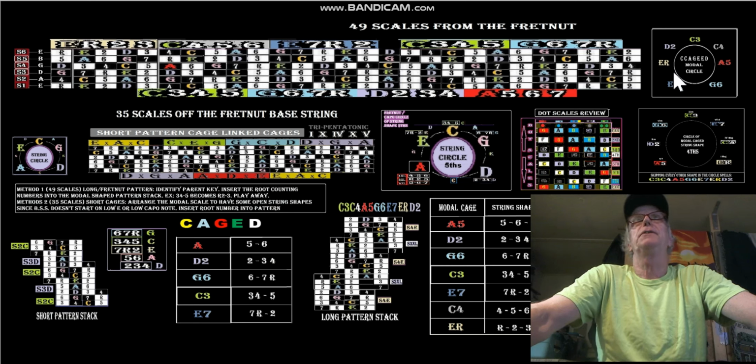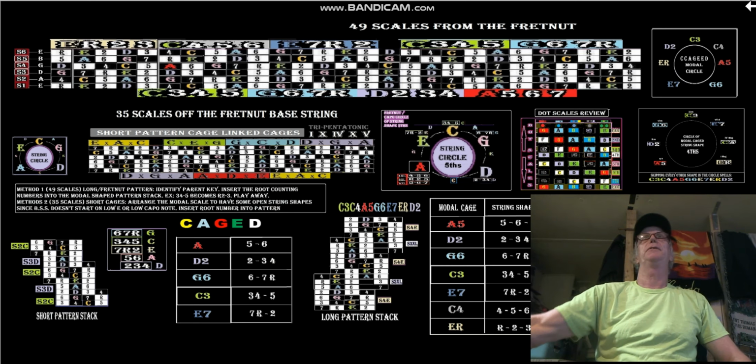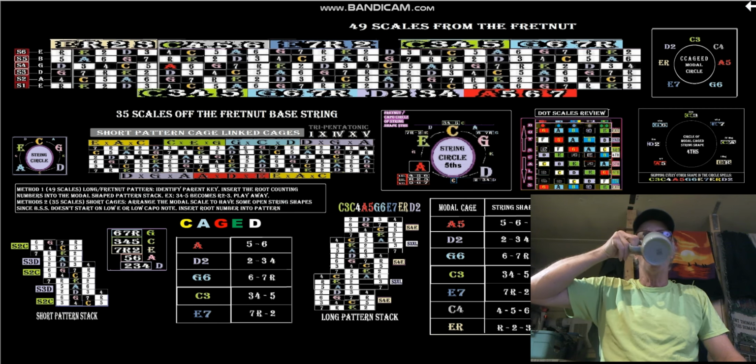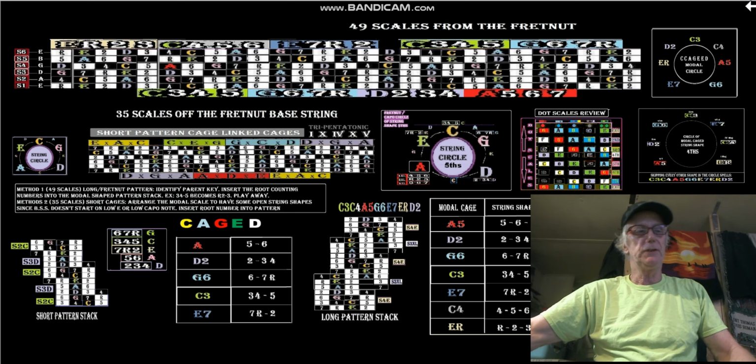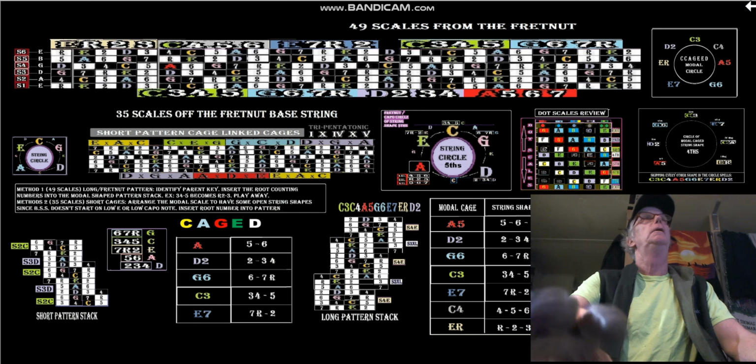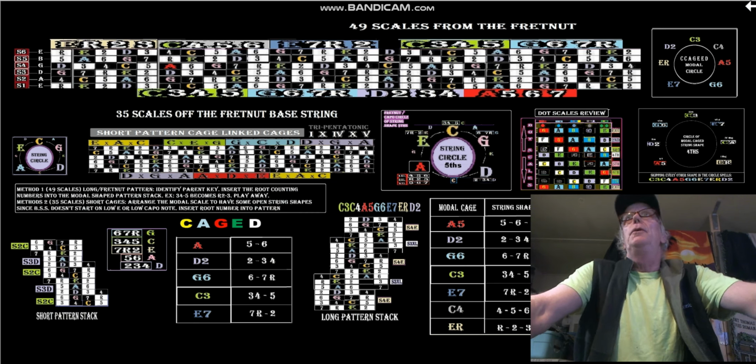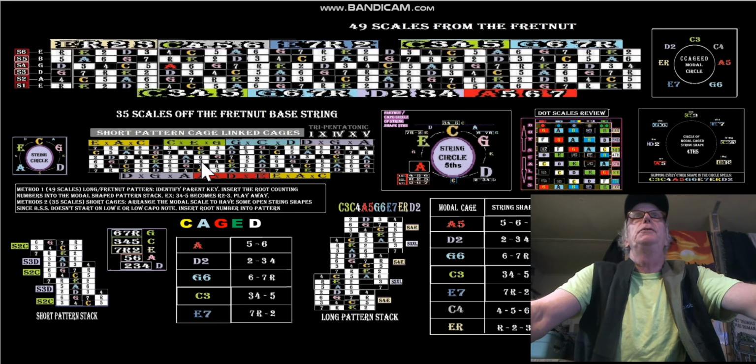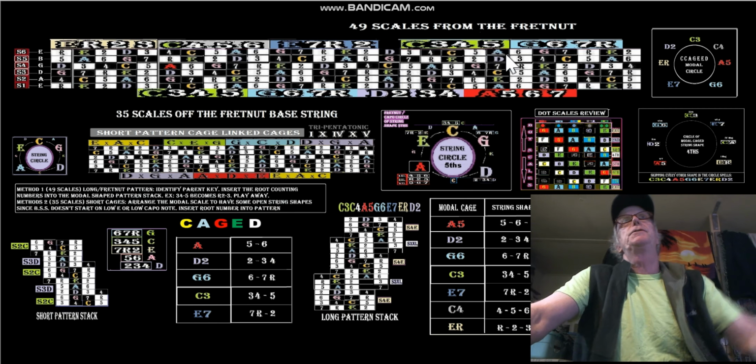So as it turns out, what we have in this chart is a lot of good stuff. What's necessary to explain this subject is two scales, two fretboards.